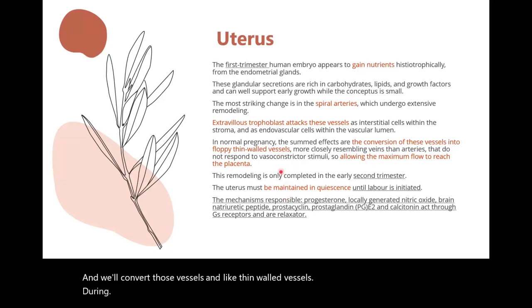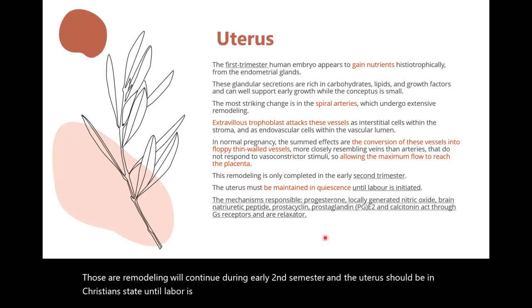Those remodeling processes will continue during early second semester, and the uterus should be in a quiescent state until labor is initiated. All of this, the hormone that's responsible is progesterone.